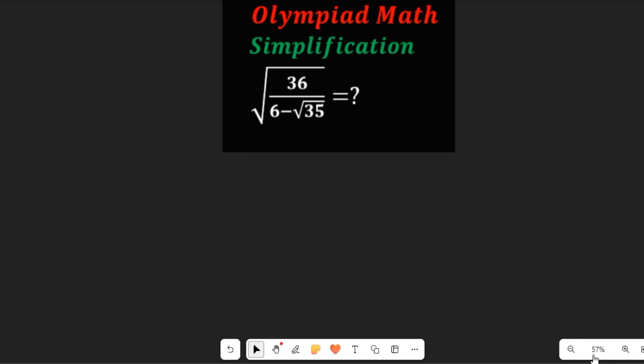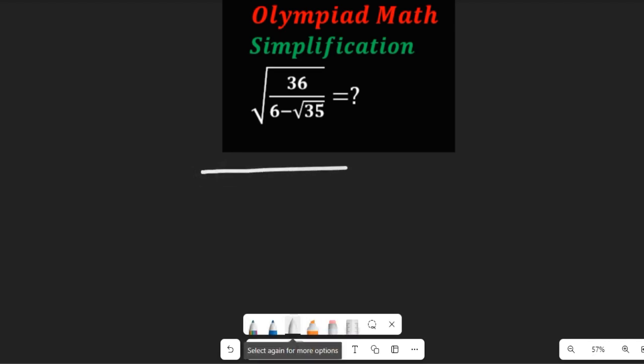Now, let's get started. To solve this question, as I said, we are going to multiply both the denominator and the numerator by the conjugate.